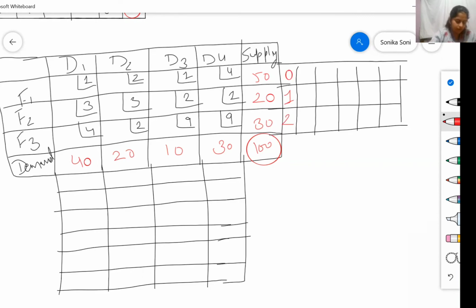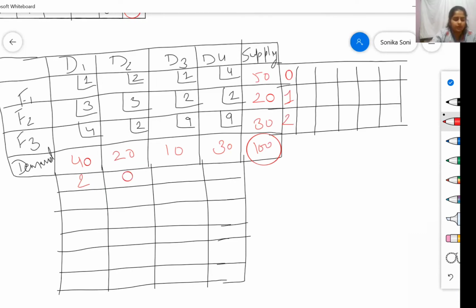Now we have to check the columns also. We have to do penalties for columns also. Here in F1D1 we have 1 and in F2D1 we have 3, which means 3 minus 1 is 2, the difference between the two lowest costs. In the D2 column we have 2 and 2 as the lowest costs, so the difference is 0.